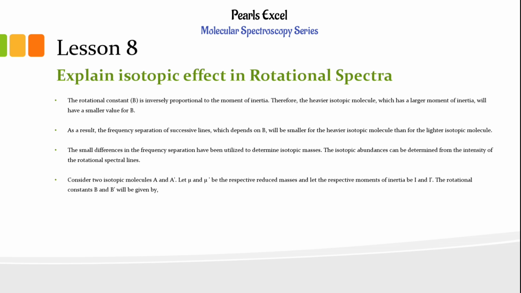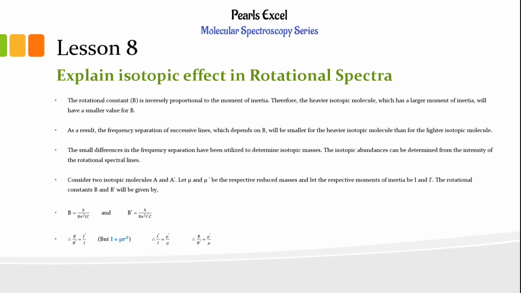Consider two isotopic molecules A and A dash. Let mu and mu dash be the respective reduced masses and let the respective moments of inertia be I and I dash. The rotational constants B and B dash will be given by B is equal to h upon 8 pi square I c and B dash is equal to h upon 8 pi square I dash c.